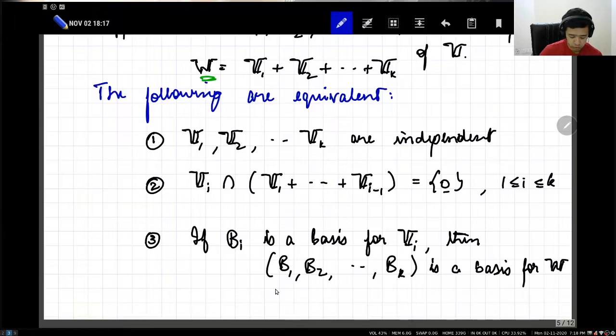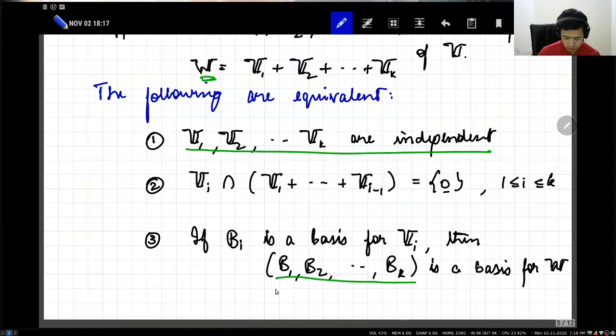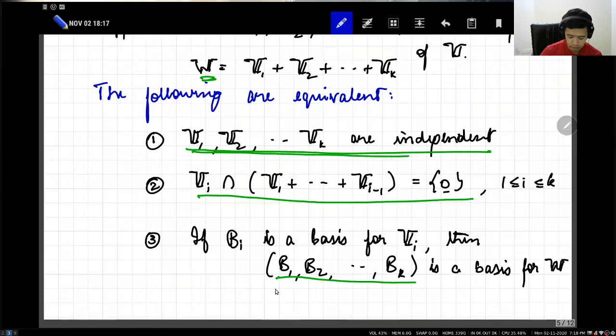So if the Vi's are independent, then these vectors form a basis for W, and similarly if each Bi is a basis for Vi, and this collection forms a basis for W, then all the Vi's are independent. If V1 through Vk are independent, then this property is satisfied, and if this property is satisfied, then V1 through Vk are independent.